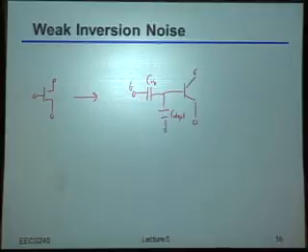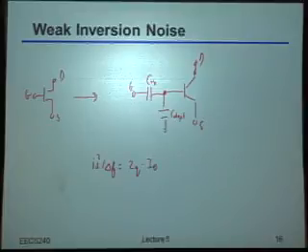Then we have our drain, source, gate, where, of course, the base potential is being controlled by that capacitive divider. So indeed, given that we really start looking like a BJT once we enter that weak inversion region, now our drain current noise density will just be equal to 2q times the drain current.